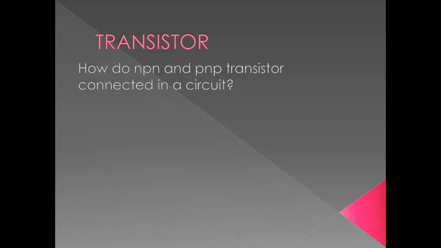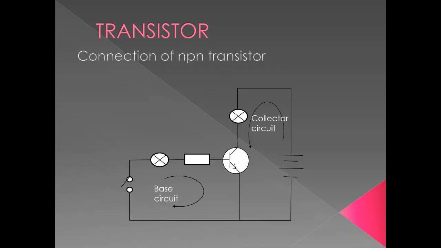So how can we use this NPN and PNP transistor in the circuit? We take a look at the NPN transistor, easier for us to understand rather than mixing them. When you connect them in the circuit, they will form two circuits.